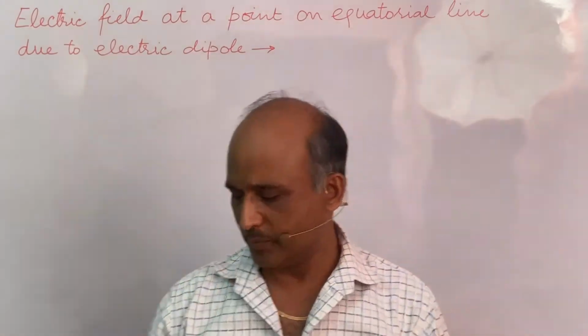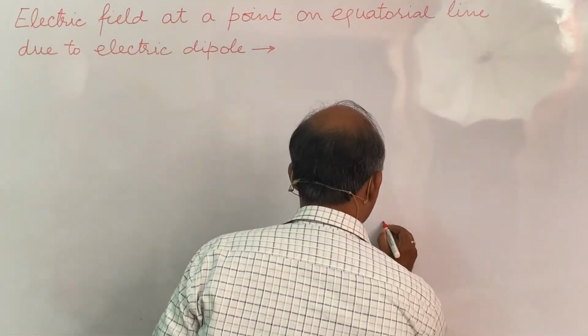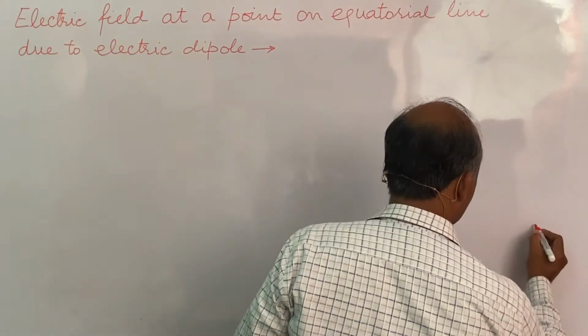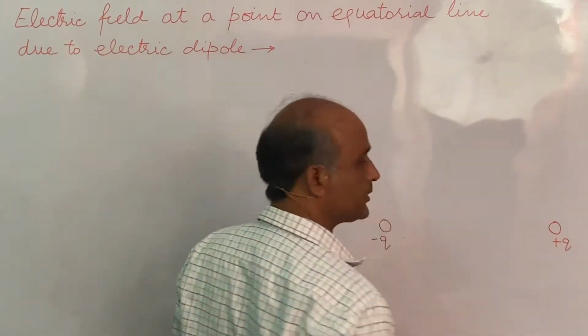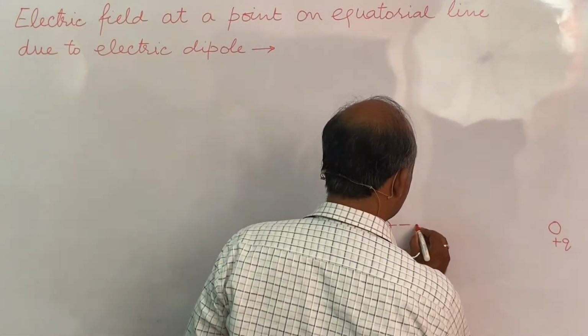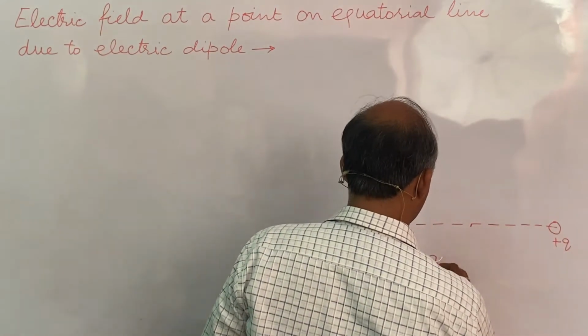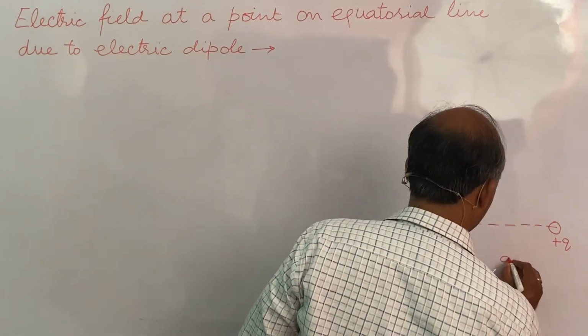Clear? Suppose an electric dipole of charge minus q and plus q of dipole length 2a, A up to here and A up to here.